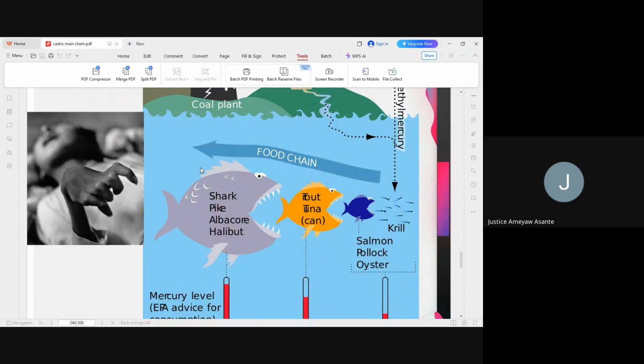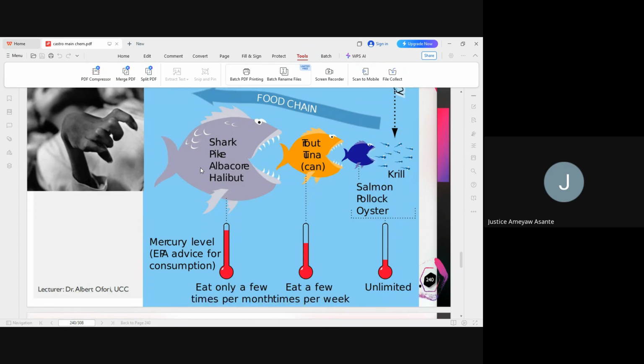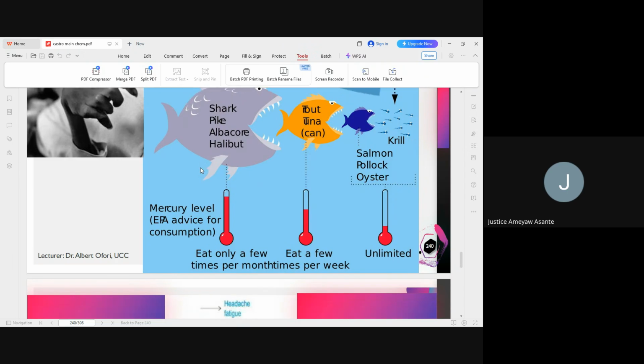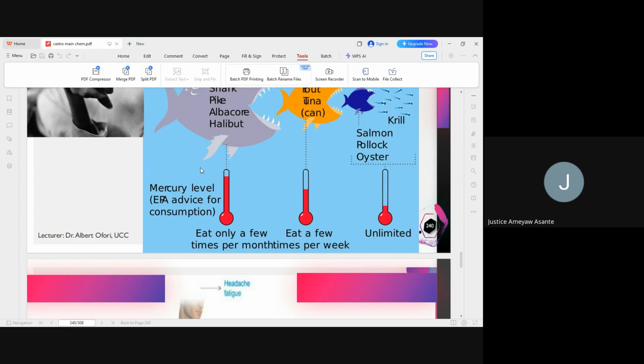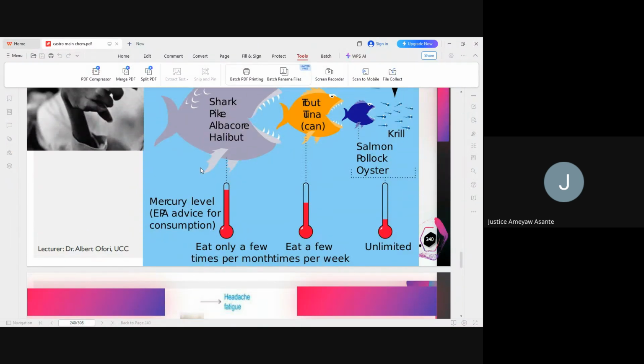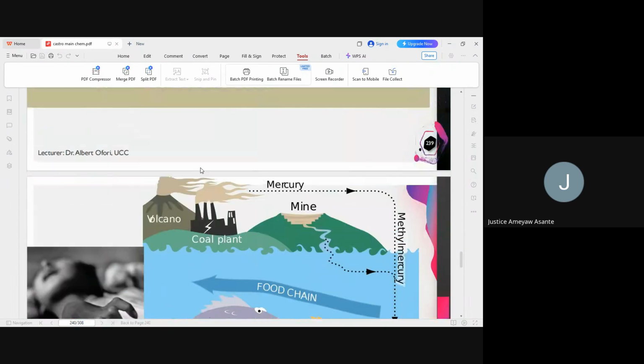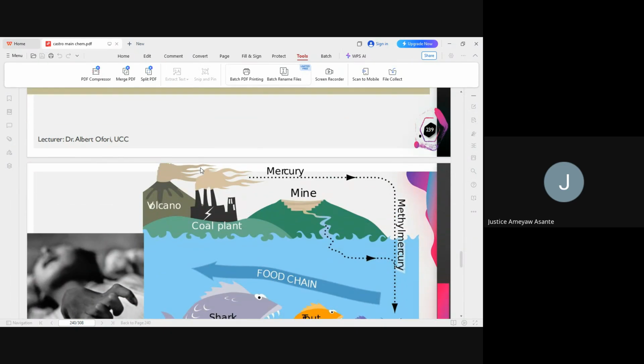It goes up the food chain. So on the mercury level, the advice for consumption is to eat only a few per week, unlimited for others. So you see how mercury is coming back into the system.